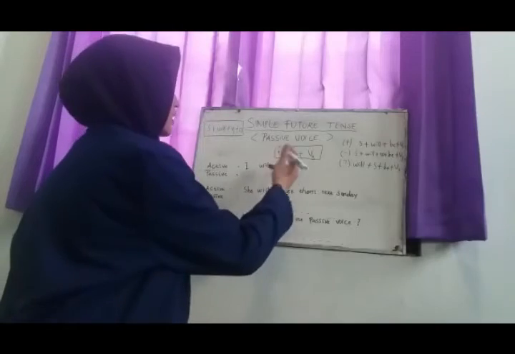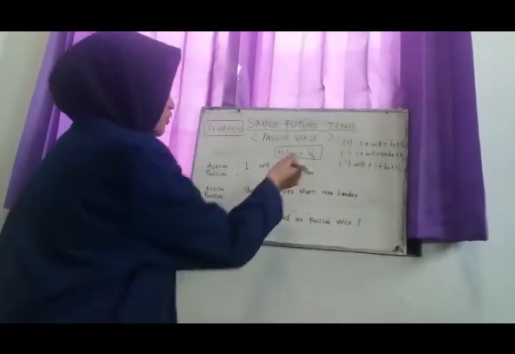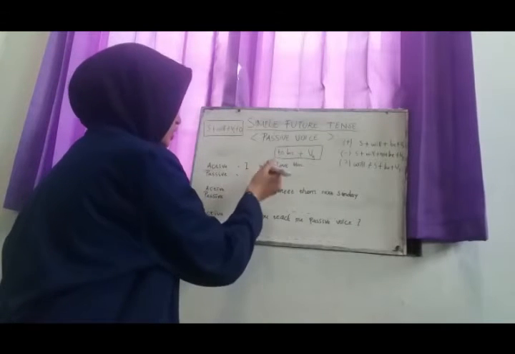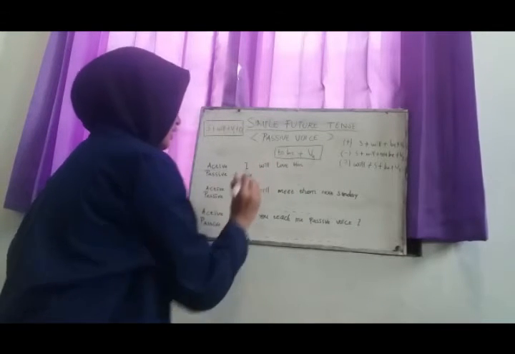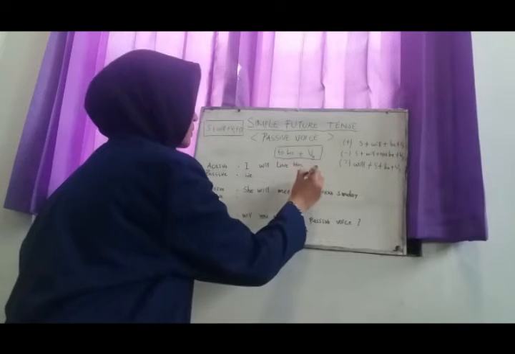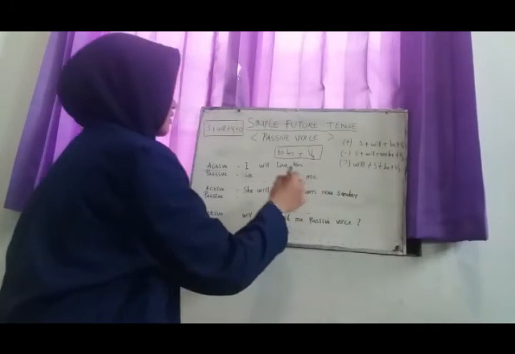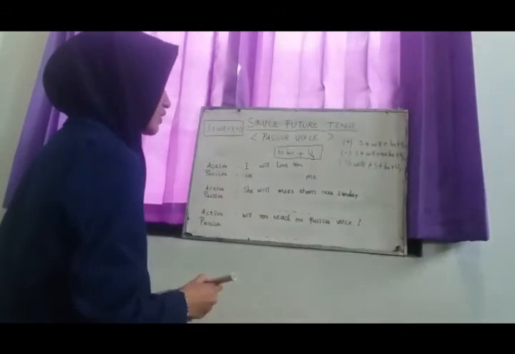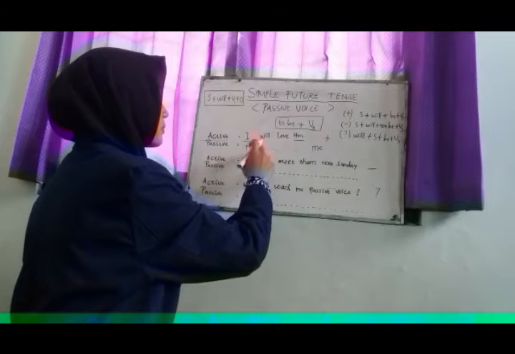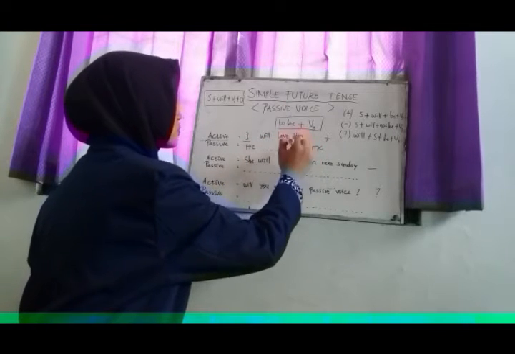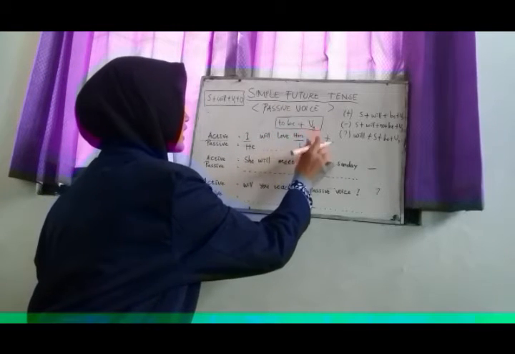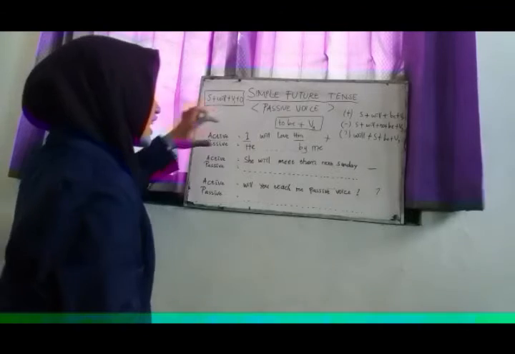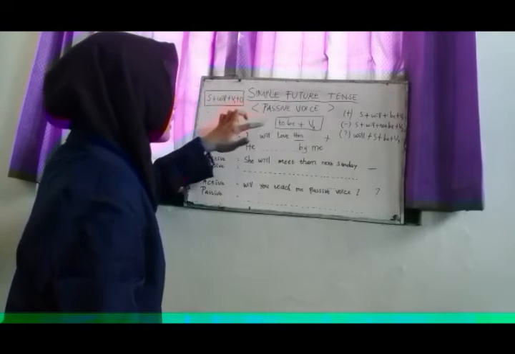Alright. Him, as we know, if him becomes subject, it will be he. And I will be me. Don't forget, before object, we need to put by me. And I have the verb here, will love.